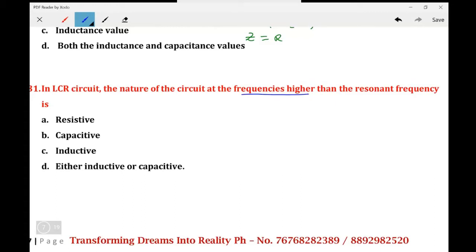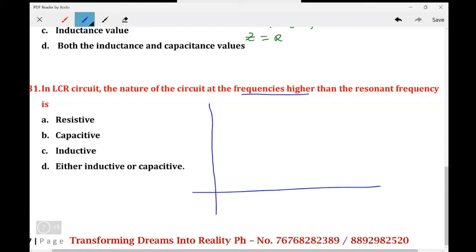So if we plot a graph like this, keep this plotted. If we plot a graph, frequency versus either resistance, inductive reactance or capacitive reactance, inductive reactance.